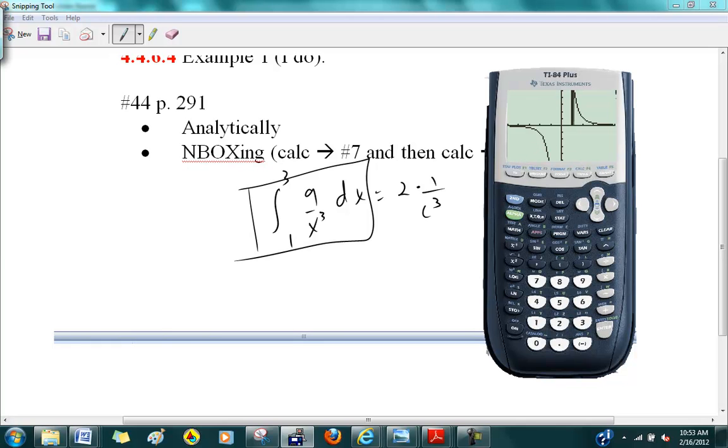You find the area, and you get the integral of f(x) dx equals 4. Is that what we had? 9 over x cubed. And so you get that is equal to 4.